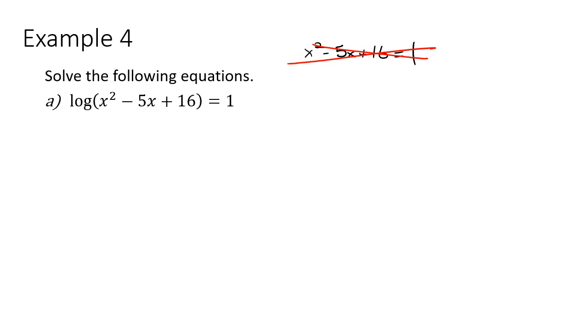What you need to do is, this already has the proper setup, one logarithm equal to one constant, we need to convert. So this is log base 10, so I'm going to bring the base of 10 down. The 1 comes across and becomes the exponent, and then everything inside of the logarithm, which would be the u from the previous slide, moves across to the other side of the equal sign.